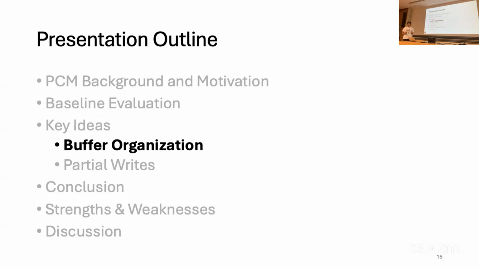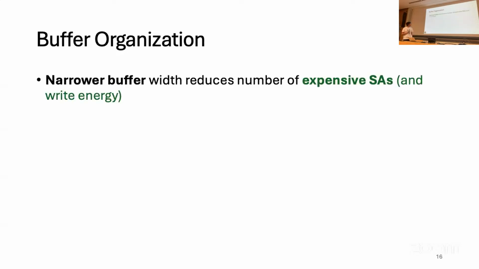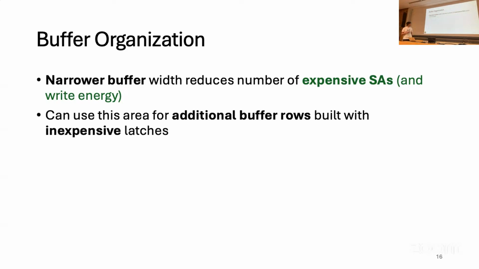So let's get into the details about the buffer organization. Again, beyond just the write energy, making the rows narrower also reduces the number of really expensive sense amplifiers that are part of the buffer. So to sense the current, we need some circuitry that helps us do that. And this is quite expensive. So by decreasing the width, we need fewer of those.